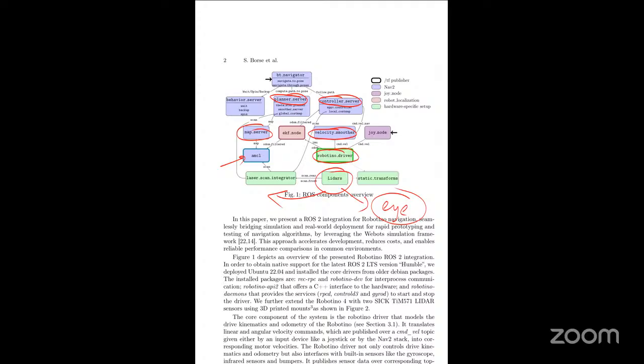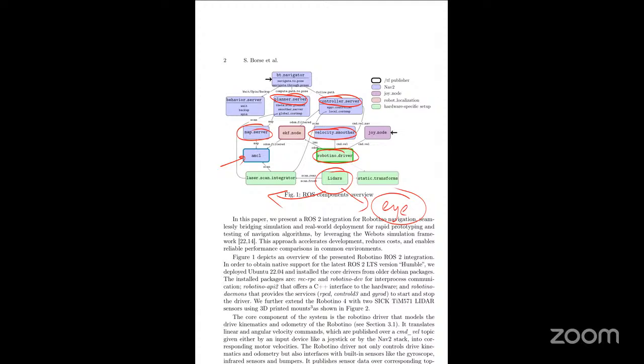So this velocity smoother will slowly increase the velocity so that it gives a smooth motion. For example, starting from 0, 0.1, 0.2, 0.3, like that. Otherwise, this will produce a jerky motion. That is what is called a velocity smoother.